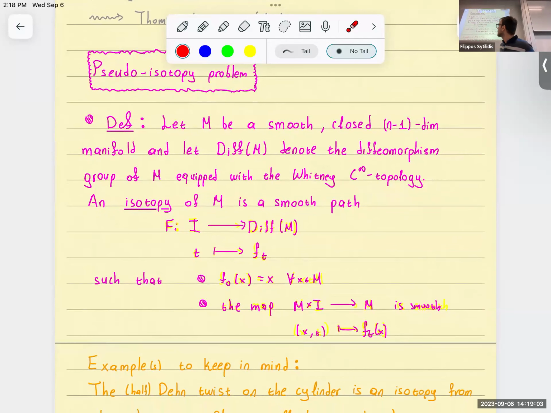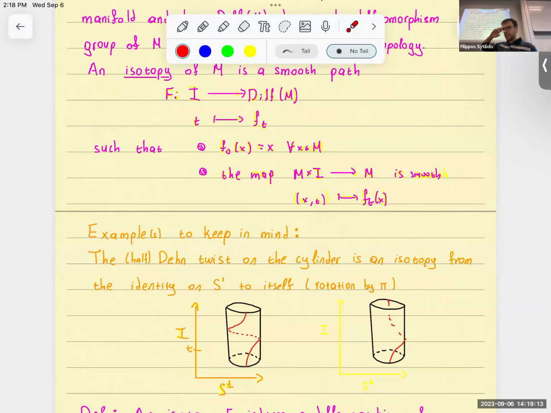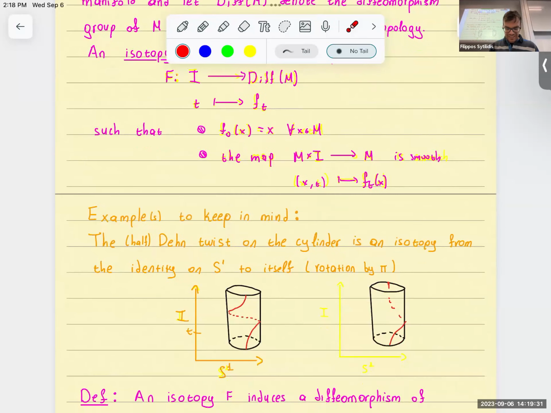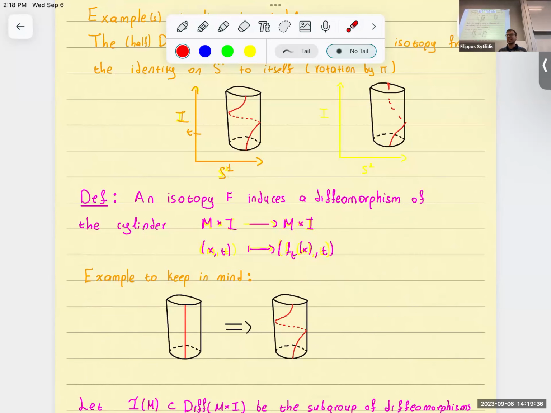I was just reminding us that there's the isotopy, which is defined by this path, and then there is an induced diffeomorphism of that isotopy. I might be using those interchangeably sometimes. I'll try to be careful, but I most likely will not always be.